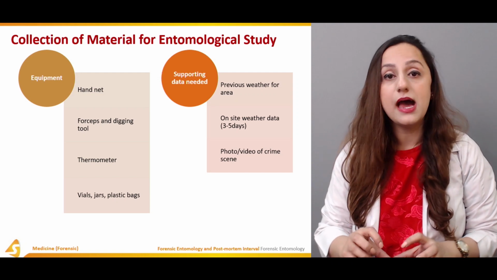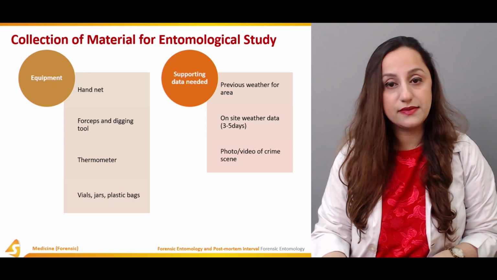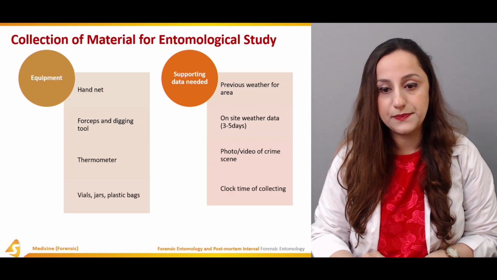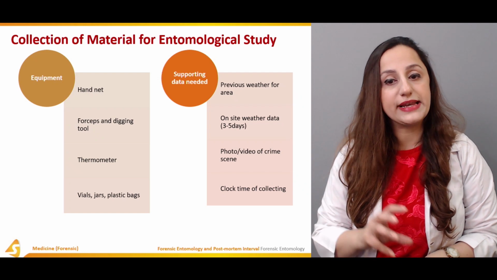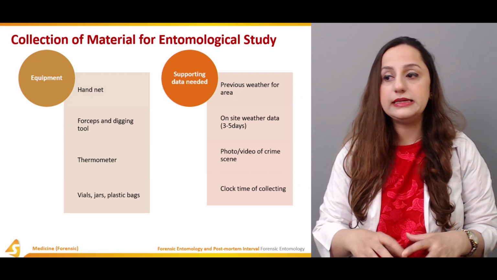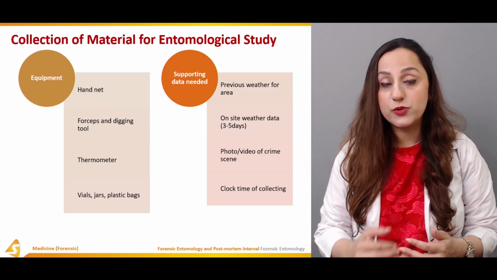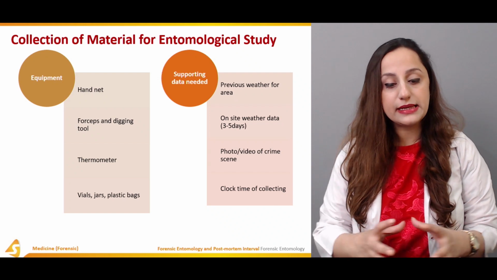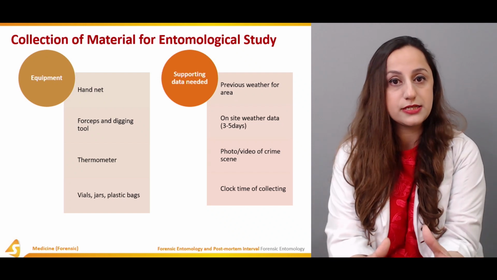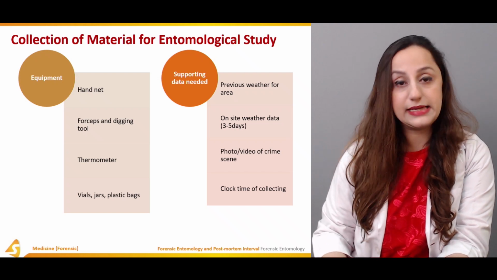So we'll need a digital camera to record the crime scene and to get the intricate details of the crime scene. The clock time of collecting all of this supporting data, as well as the investigations carried out at that place, is needed, and we'd be correlating all of these factors to calculate the post-mortem interval of the death that took place.